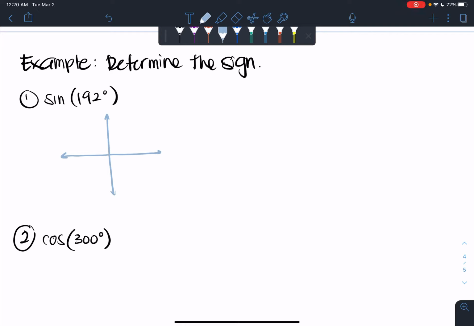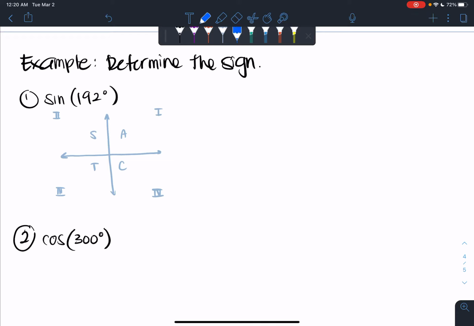Now, top right is quadrant 1. Top left is quadrant 2. Bottom left is Q3. Bottom right is quadrant 4. We've got our ASTC, or all students take calculus, to help us remember which signs are positive.